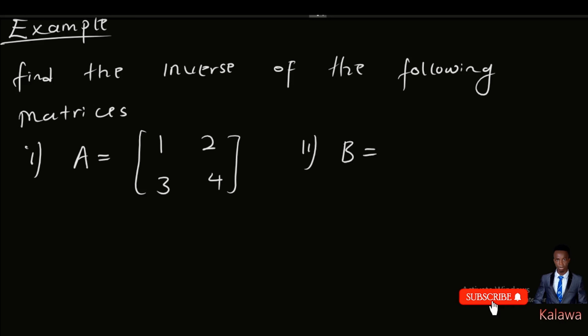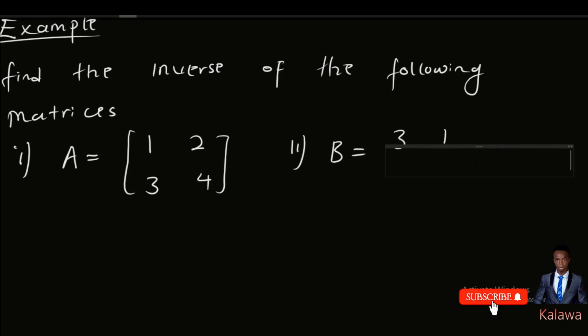On figure 2, let me just take randomly, B matrix to be 3, 1, 2, and 5. So this is B matrix.